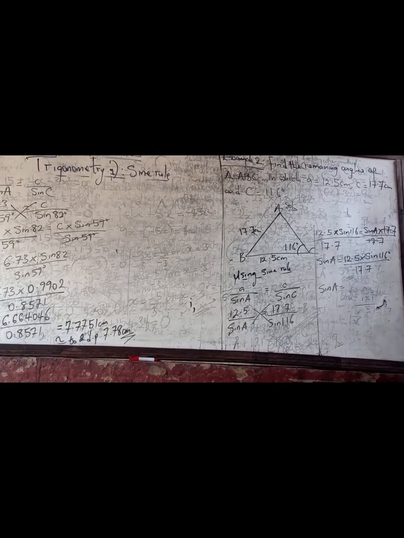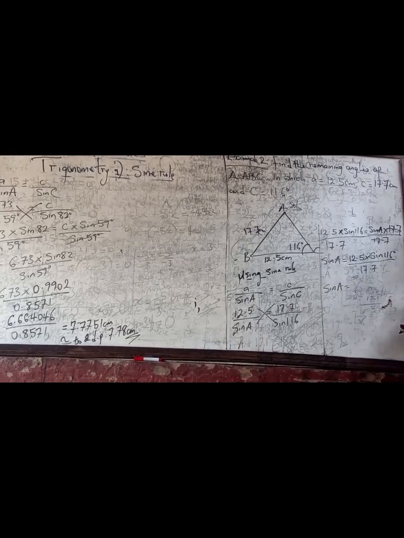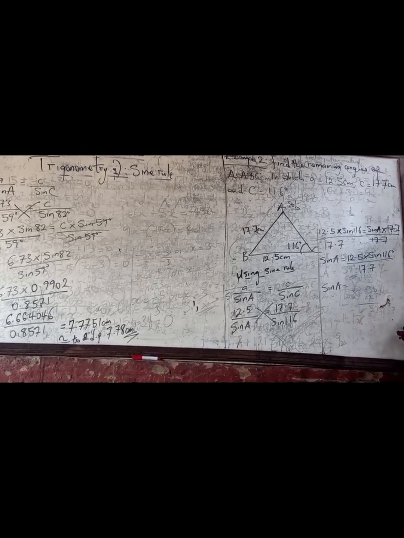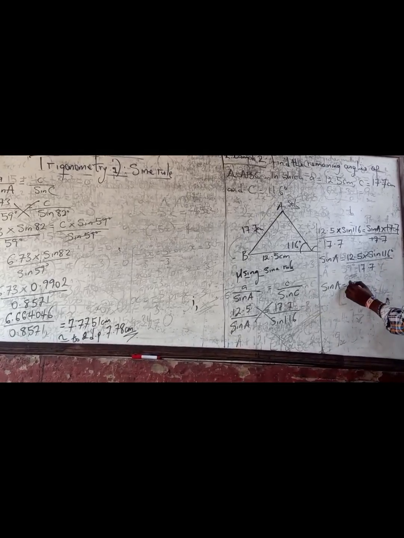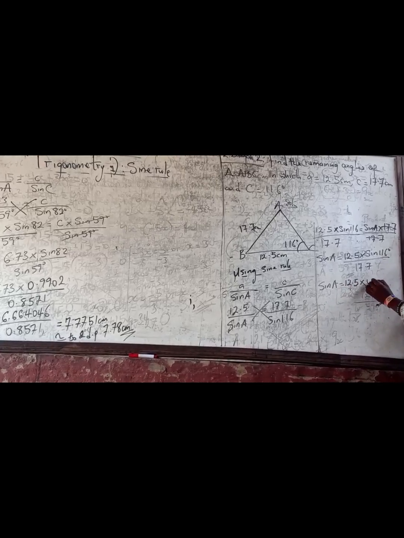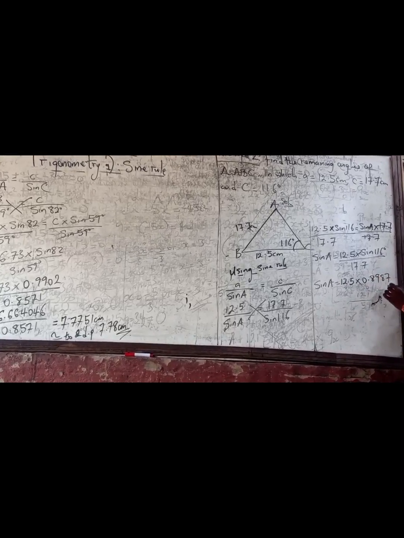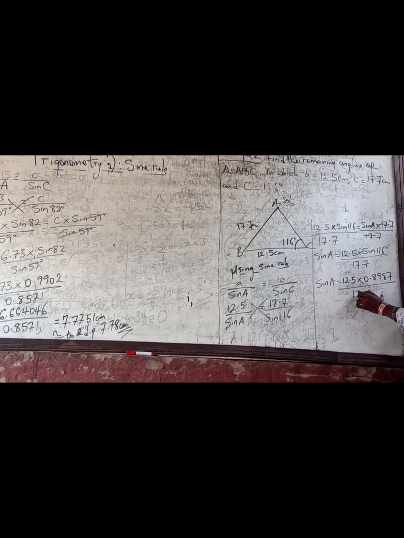So we have sine 116. 12.5 times sine 116 gives us 0.8987 over 17.7.